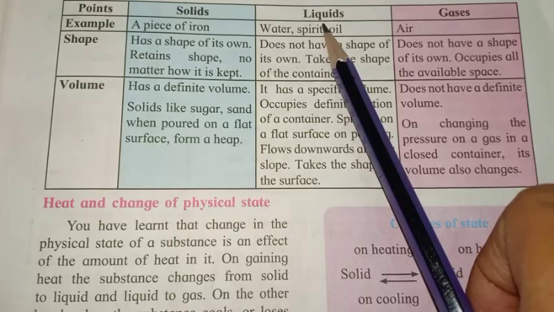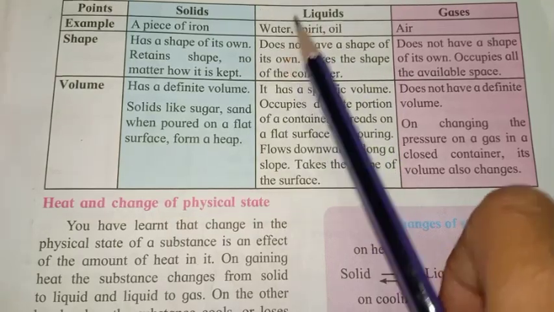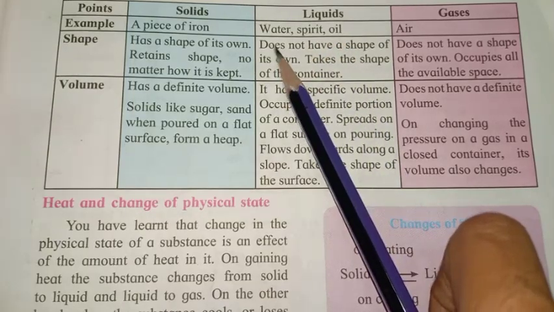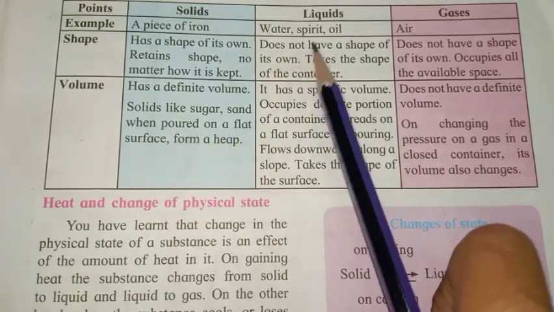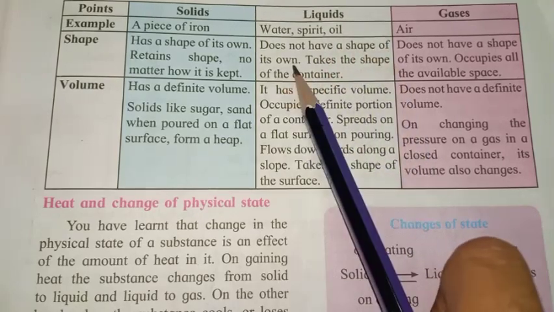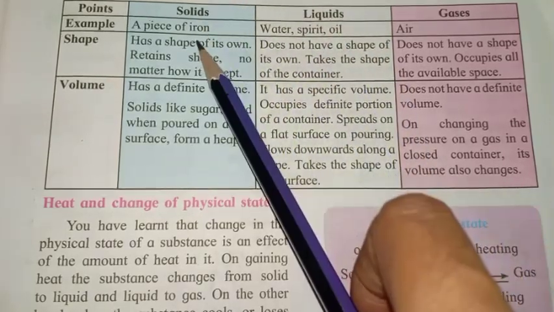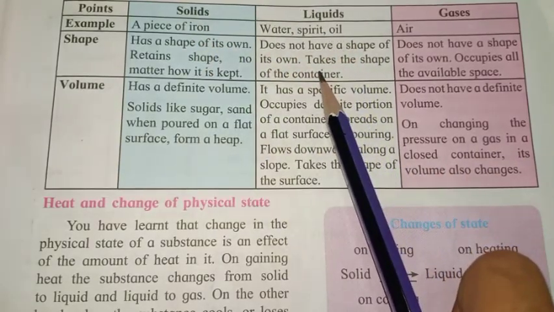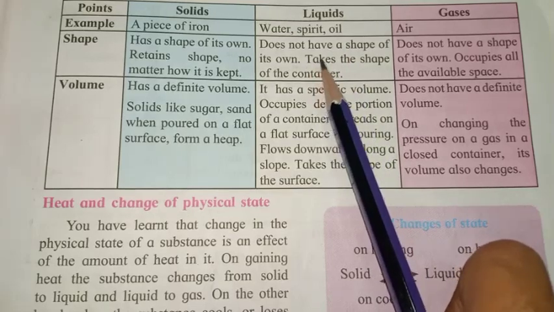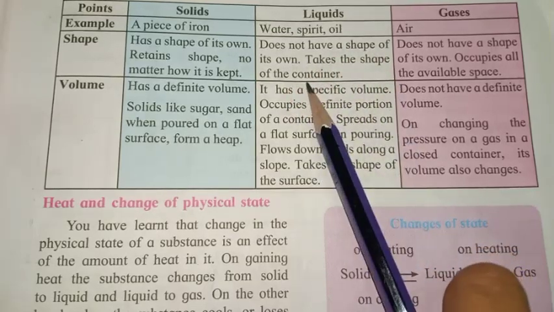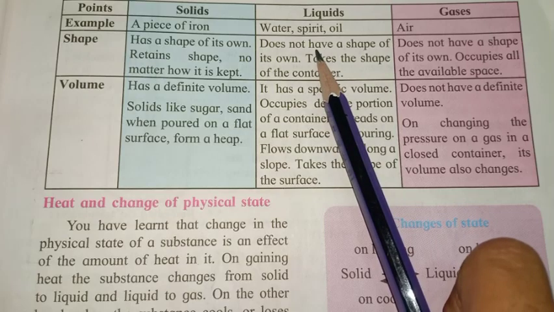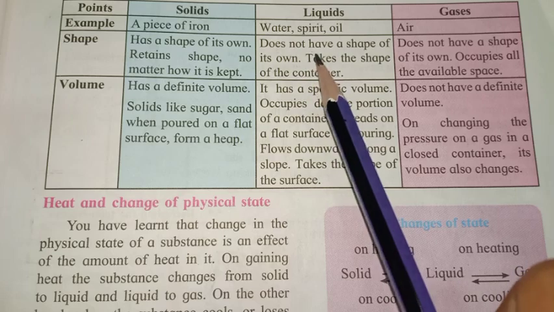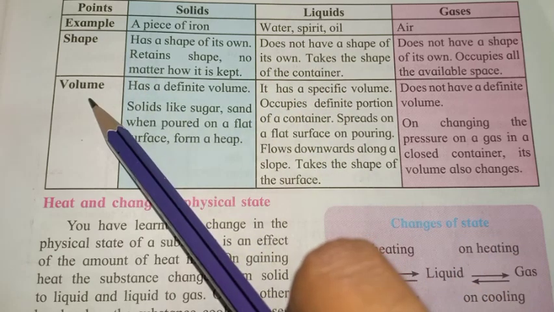Next is liquid state. Examples are water, spirit and oil. Shape. It does not have a shape of its own. See children, solids have their own shape, but liquids do not. It takes the shape of the container. In whichever container you pour it, it will take that container's shape. Next point is volume.